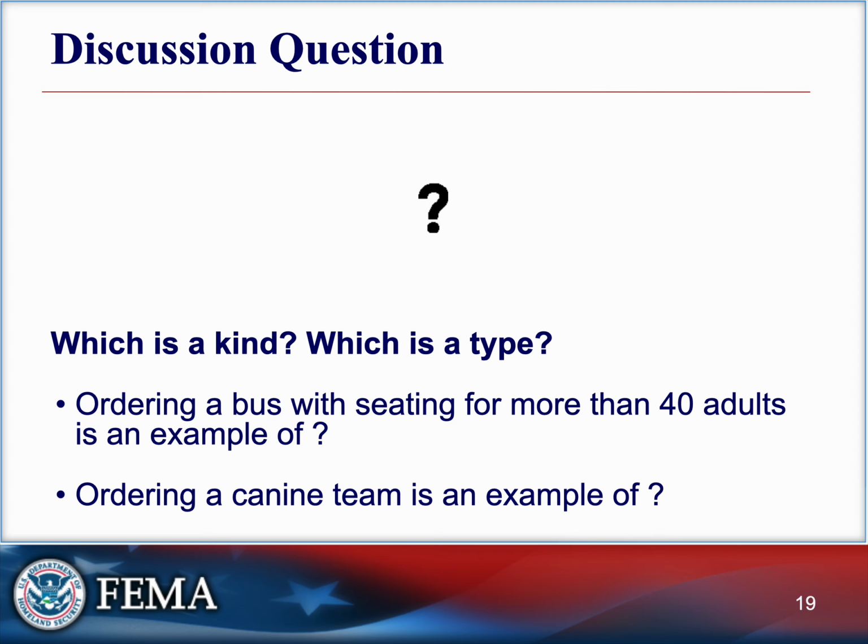I think you'll find the answer is that the bus or dog team is a good example of kind. The size or skill level, 40 adults or a canine team that can detect explosives, would be the type.